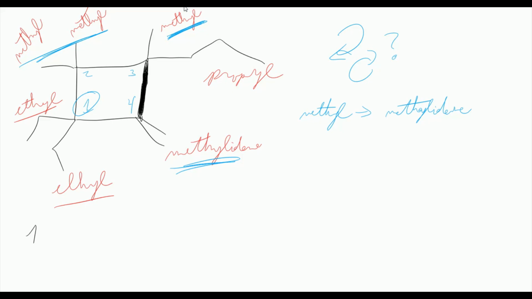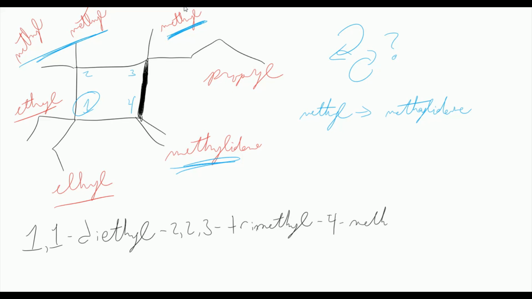It is 1,1 diethyl, 2,2,3 trimethyl, 4 methylidine, 3 propyl, cyclobutane.